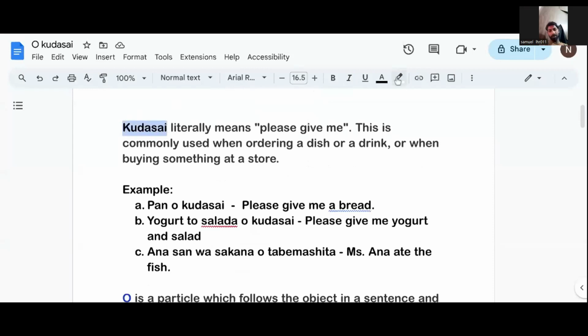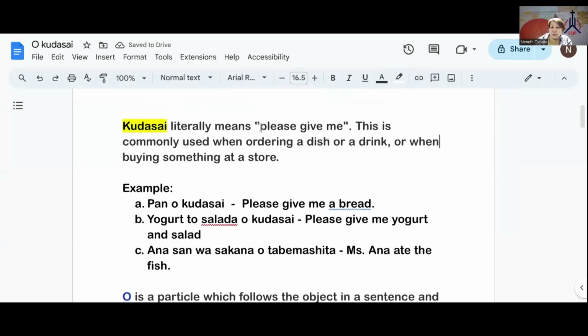Kudasai literally means please give me. And we usually use the word kudasai if we are asking for something. Okay, please give me cola, for example Coca-Cola. Or please give me coffee or kohi.